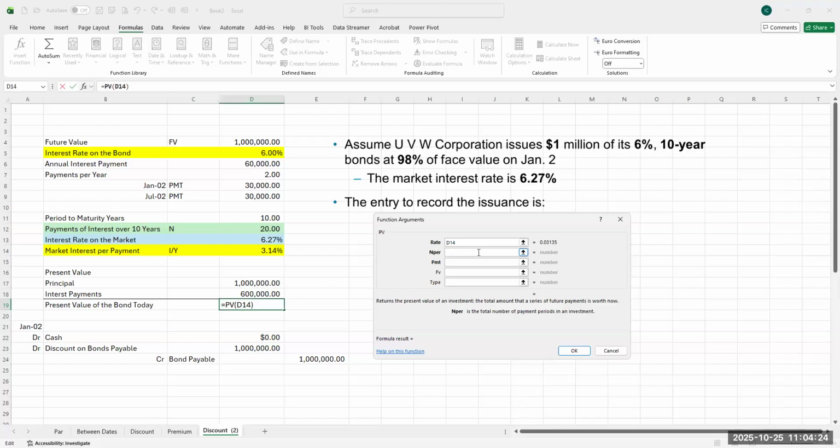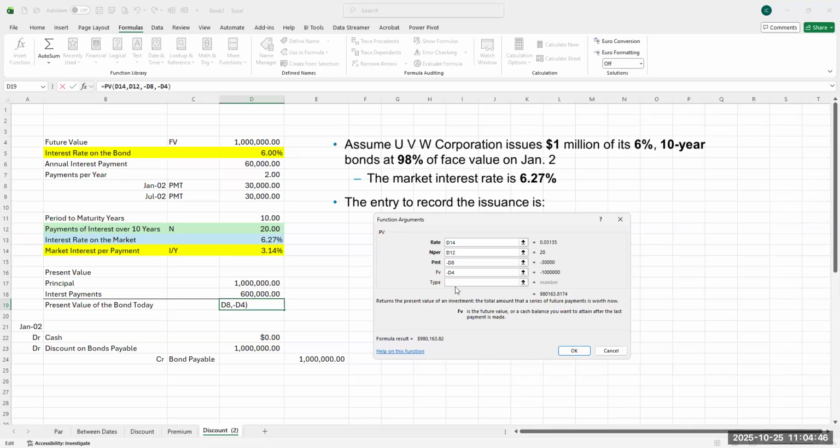The number of payments over the life of the bonds is 20. For every single payment we have to pay $30,000, which is negative for us, an outflow. Future value is $1 million, which we have to pay after 10 years, again an outflow.